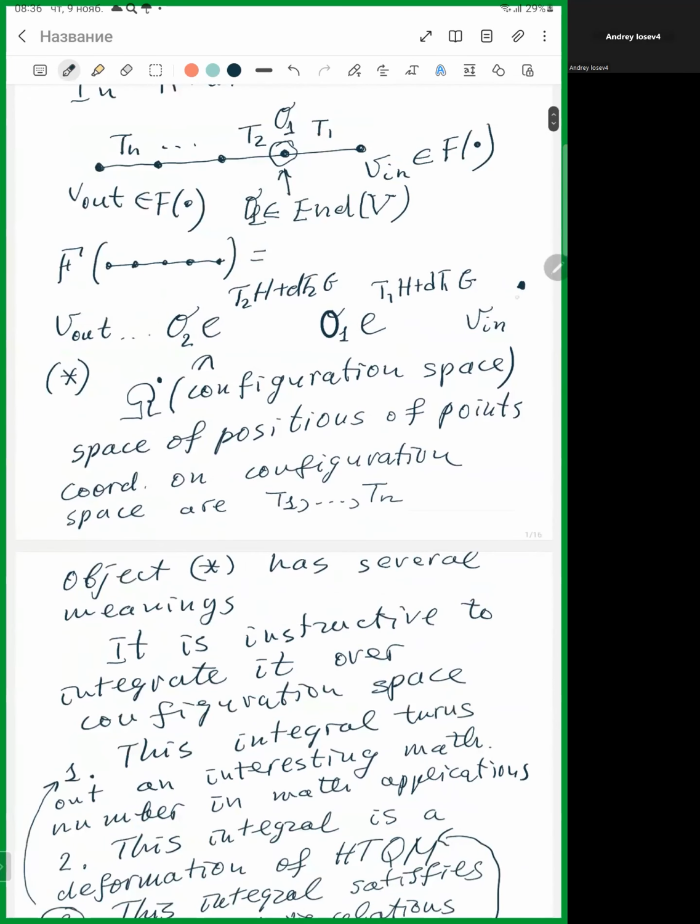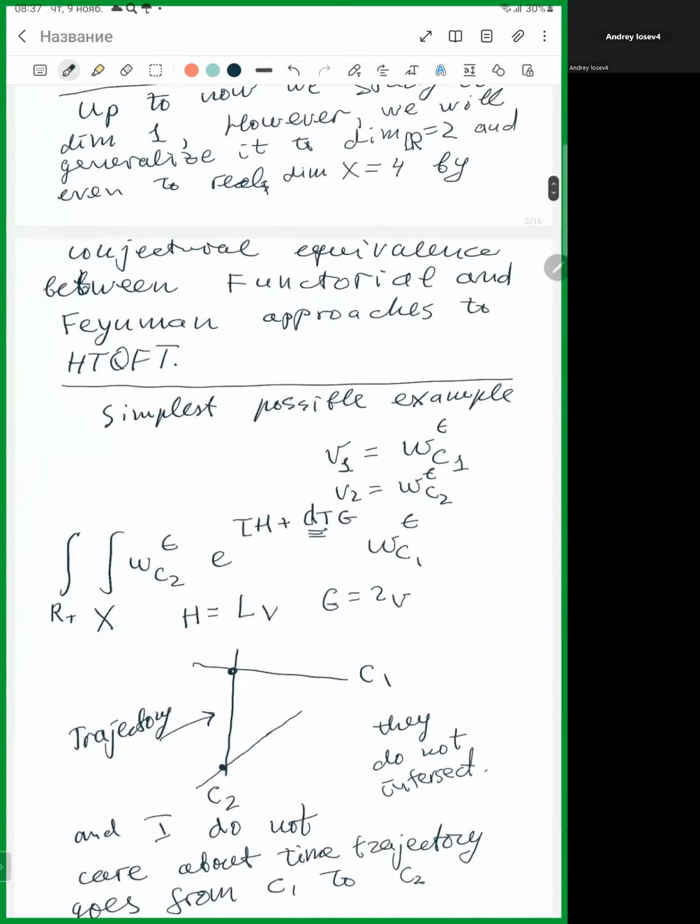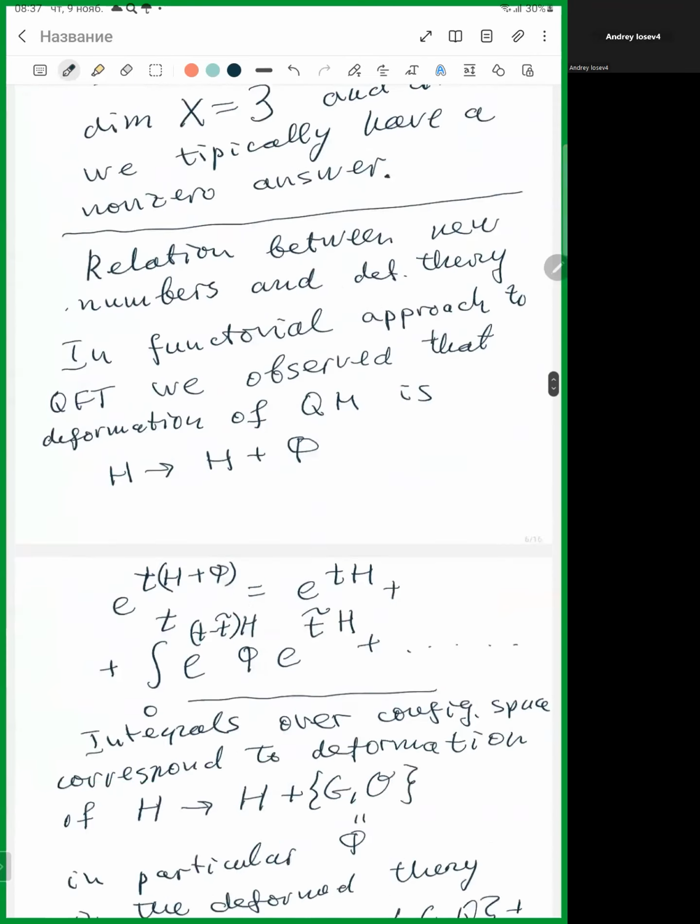Here, we have some O's, we have some G's, and here we have DT's. So when we expanded, we get correlators of O's, G's, and we integrated over configuration space. So this has a nice analog.